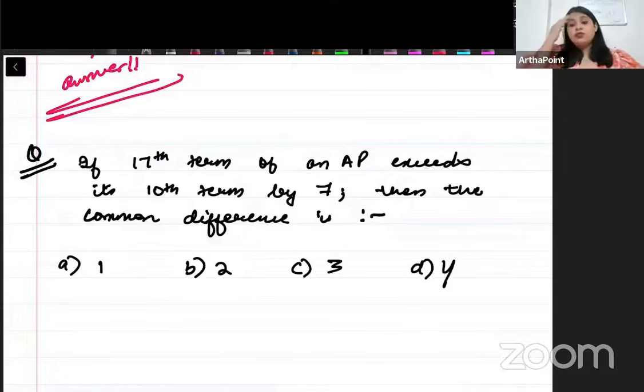So 17th term of an AP exceeds the 10th term by 7, then the common difference is. Take a moment, try to do it yourself, then I will do it for you.